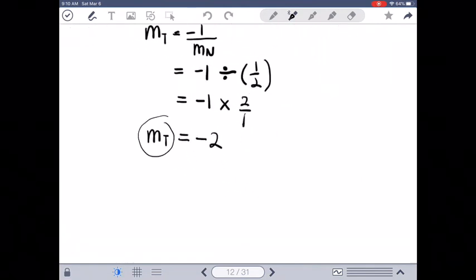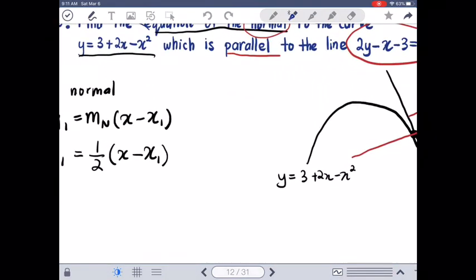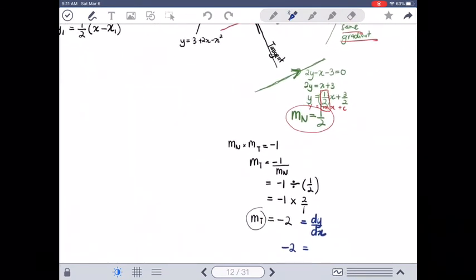And we know that the gradient of the tangent is equal to dy over dx. So -2 is equal to dy over dx. Differentiate that curve.